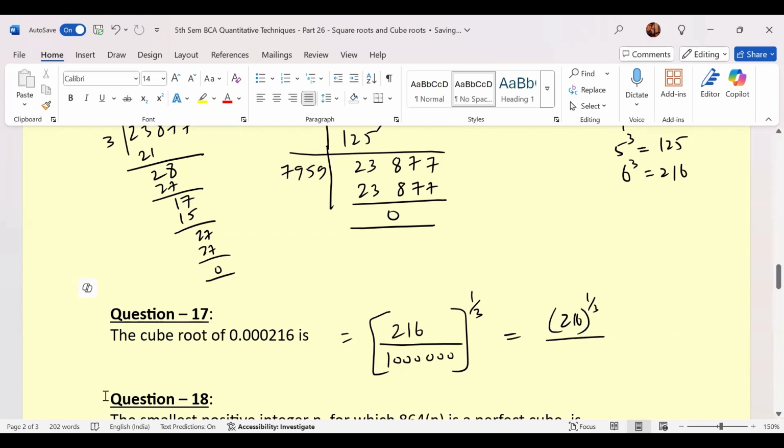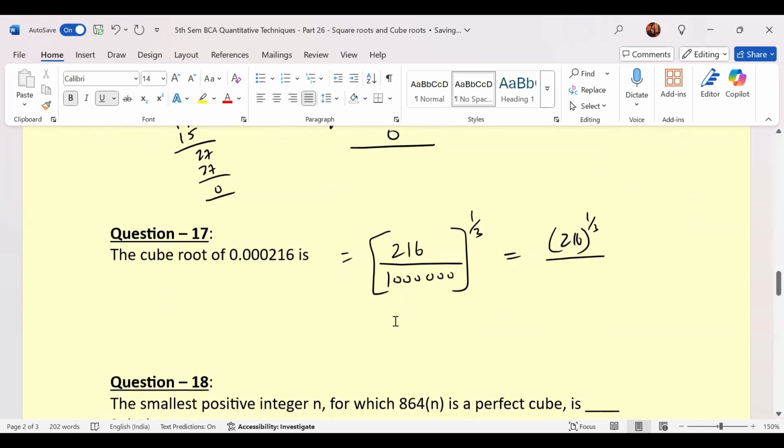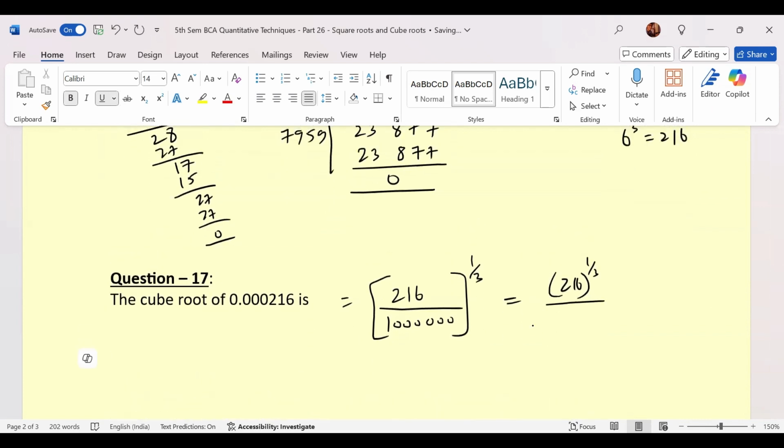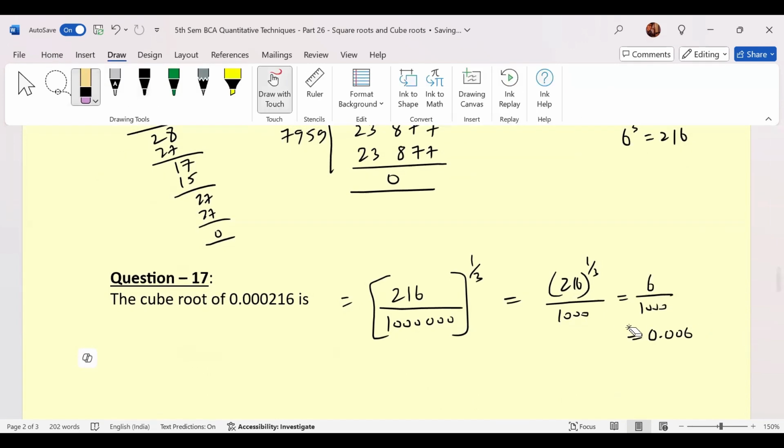The denominator will be 100, sorry, because the cube root of 10 lakhs is 100, not 1000. So 6 divided by 100, which is 0.06. And the cube of 0.06 will be this number, 0.000216.